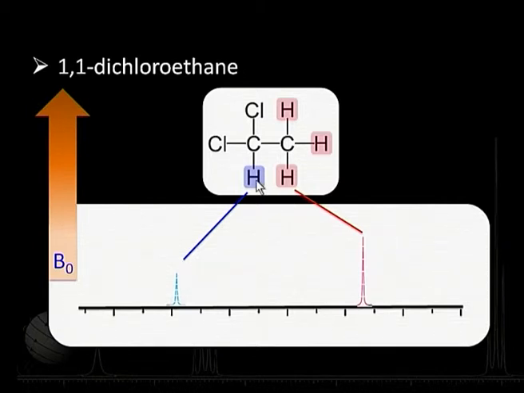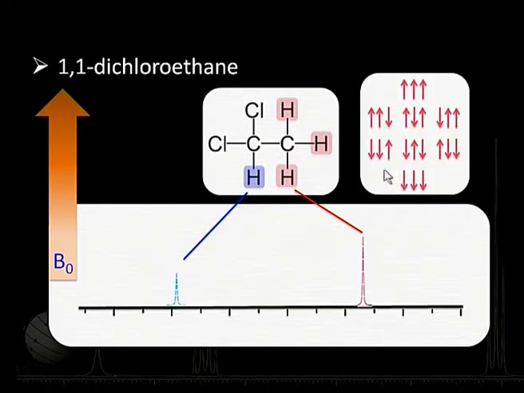Look at this proton. When I am looking at this proton, now there are 3 protons in the neighborhood whose magnetic influence can cause changes in the behavior of this particular proton there, and what are the possibilities? The possibilities could be like this, that is, all the 3 protons are aligned with the field, or another possibility could be that 2 are aligned with the field, 1 is against the field.